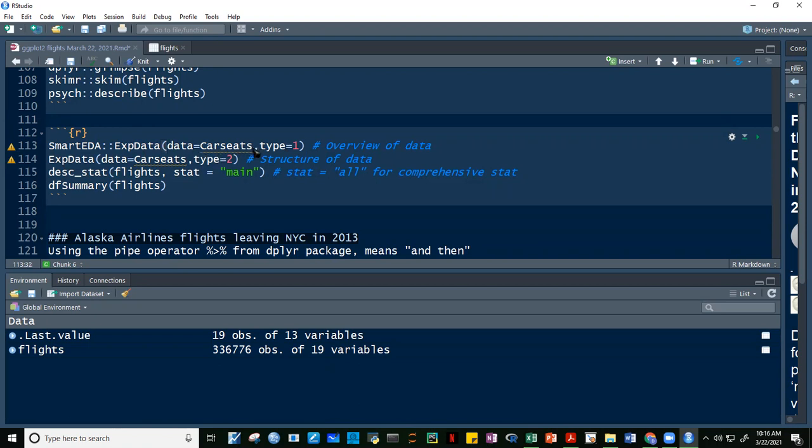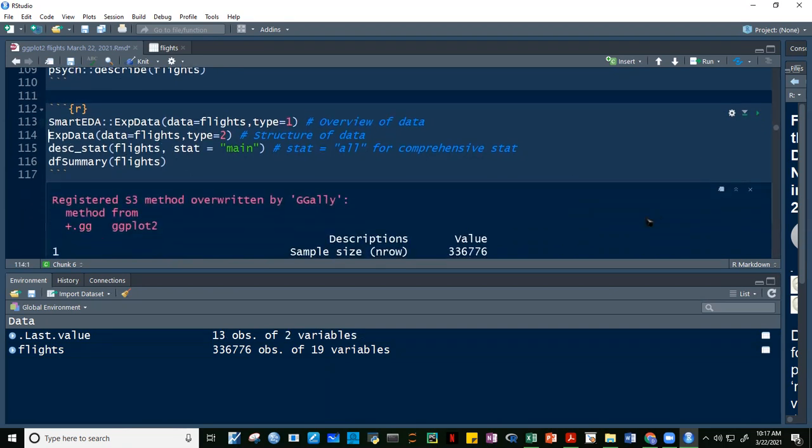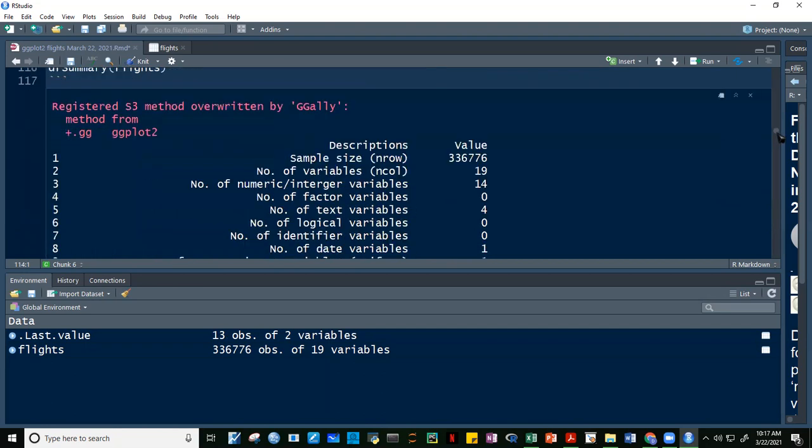Mali, hindi car seats. Flights to. Flights. It's a value change lang, guys. This gives us an overview of the data.